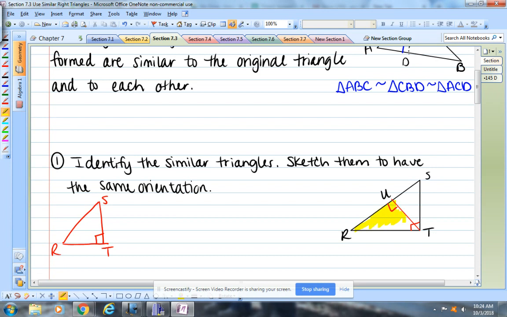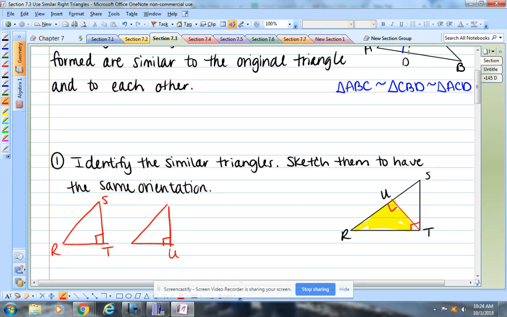So let's look at this one first. Can y'all look at this bottom little one for me? I've highlighted it yellow on my screen. So what is my right angle for that triangle? It's where? At U. So my right angle needs to be U. So that means I'm flipping that around this way.